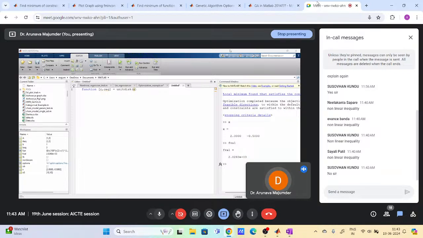Okay, now just look at the function. I already told you there are two outputs, C and CEQ. Okay, how many arguments or input variables are there? Yes, one. But remember, one means you are just seeing x, and you say the input variable is one only. But x is a vector here.